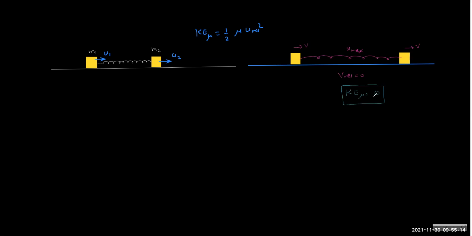So now, how do we argue? In the very beginning, you had this much energy in the CM frame, and now you have zero. So where has this energy gone? You may ask this question. Because there is no loss, as is evident from the discussion, it must have gone somewhere, and somewhere is nothing but the potential energy of the spring.